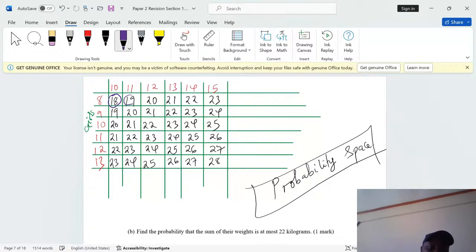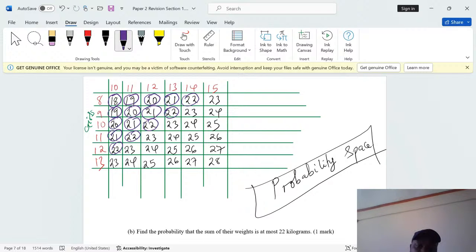1, 2, 3, 4, 5, 6, 7, 8, 9, 10, 11, 12, 13, 14, 15. I think those are the only options where they are at most 22.